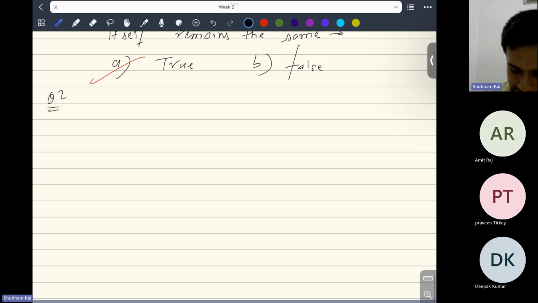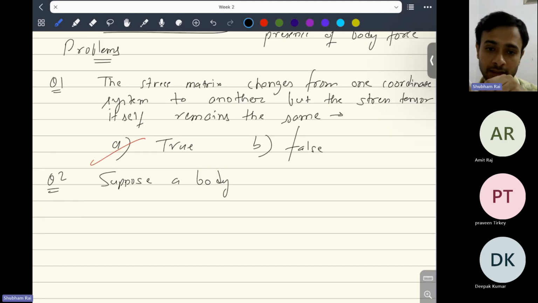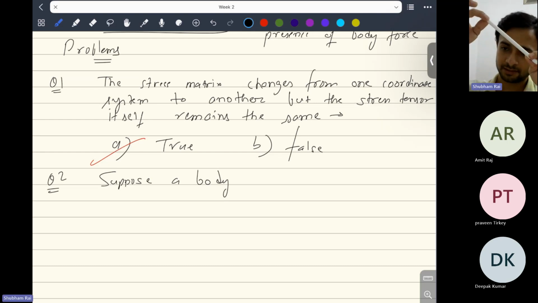Question number two says that... and it is true because I had told you in the previous class also, you can just visualize a vector. So let's say a vector is there in the space like this. It has this magnitude and this direction. Whatever coordinate system you take, its representation is going to change in that coordinate system, but the direction of the vector is going to be the same in the space.